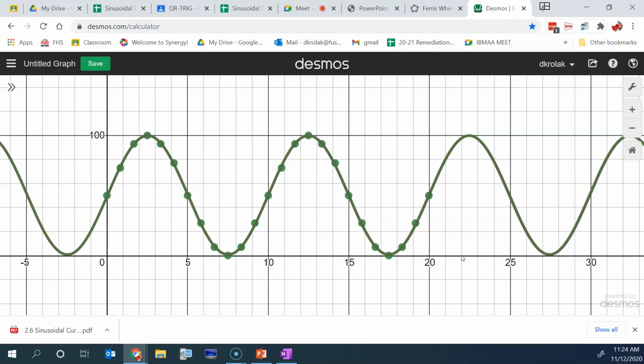Sure. Let's do this. I just want to see your graph. Right up here. There you go. Good. Okay, I want you to show me what's the height at 22. How are you going to figure that out on the graph?